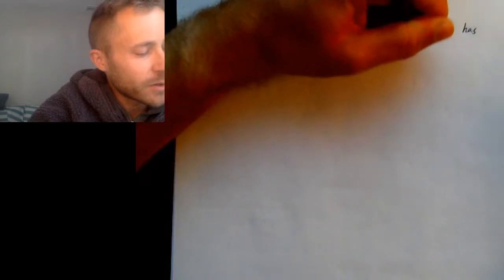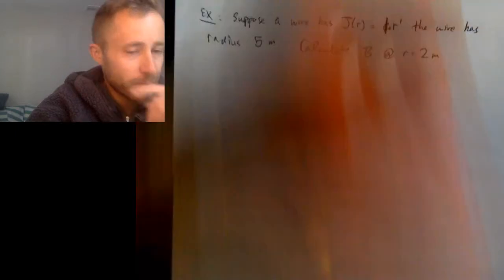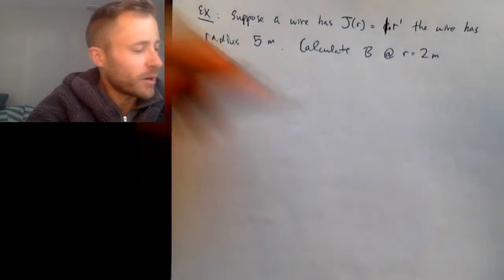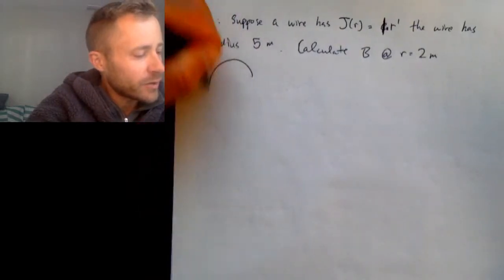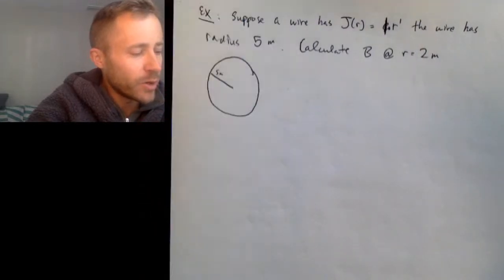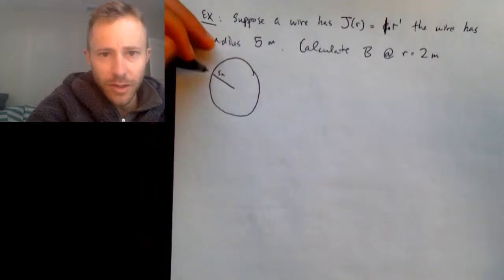So let's calculate B at R equals 2 meters. Okay? So if we think about it, the wire has a radius of 5 meters, but we don't want the magnetic field all the way at the edge of the wire.